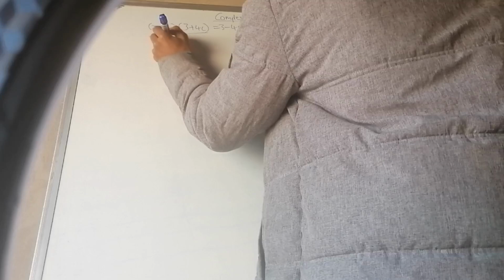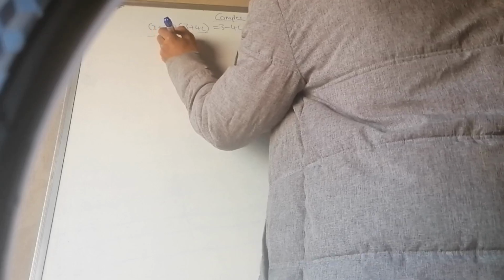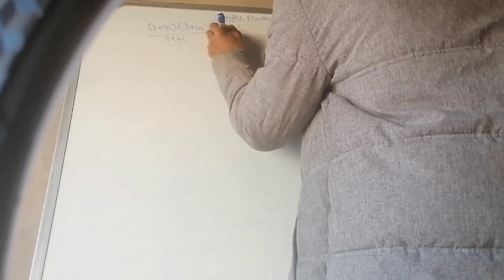I'm going to make x plus yi the subject of the formula. So in here, I'm not going to use the distributive property. I'm going to make this the subject of the formula by dividing by 3 plus 4i.